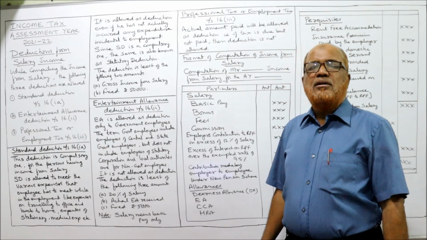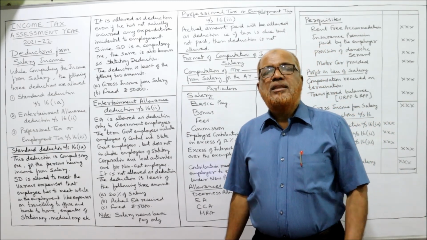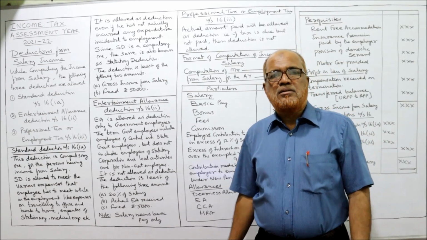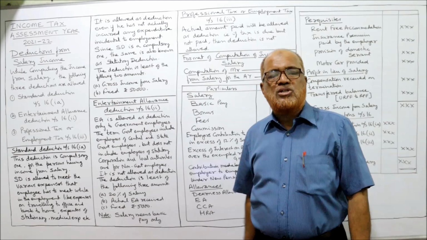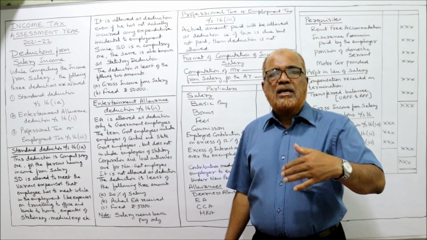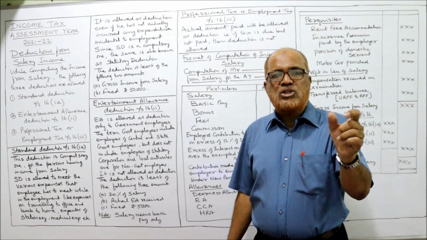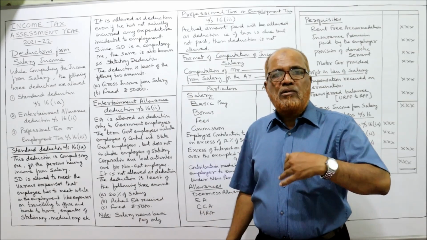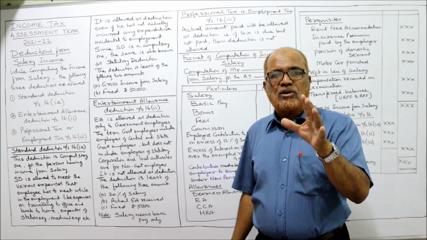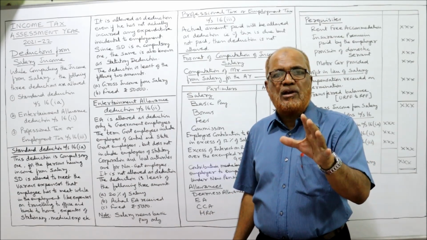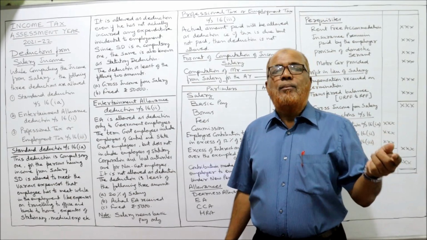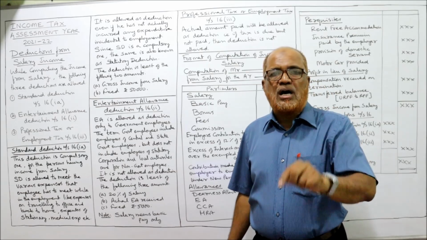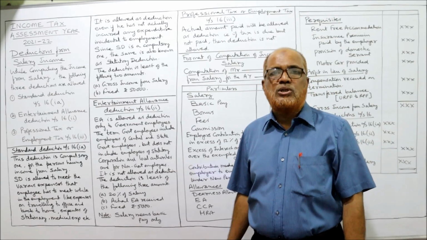That's it. In examination, a theory question may also be asked: explain about the standard deduction under section 16(ia), or explain the EA deduction under section 16(ii). So whatever I'm explaining, if you listen to the lecture carefully, then definitely not only from the problems point of view, but also if a theory question is asked in examination, you will be in a position to write.